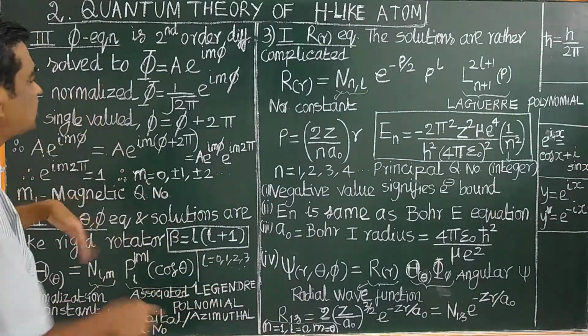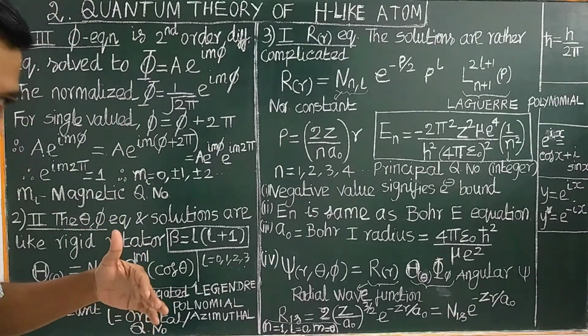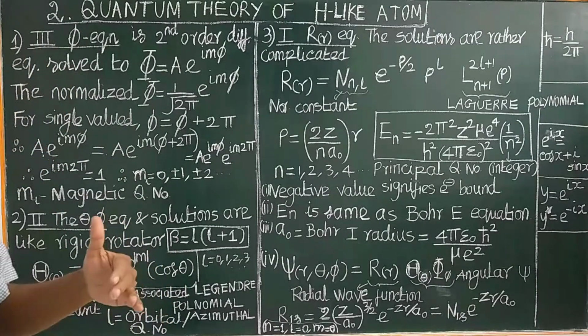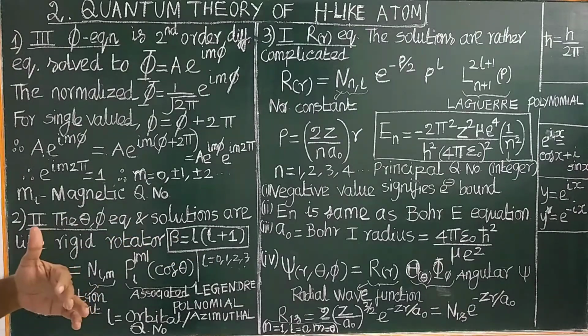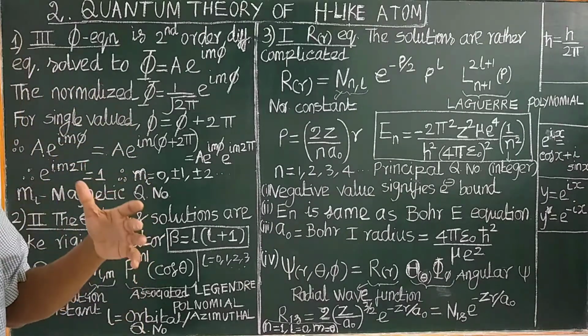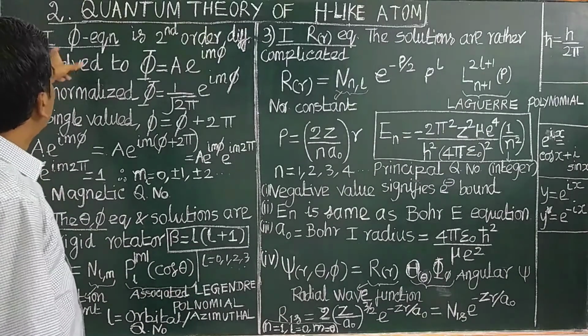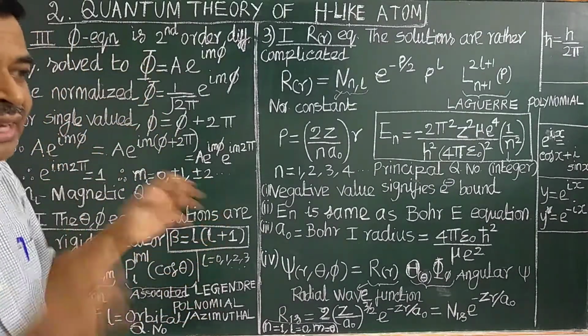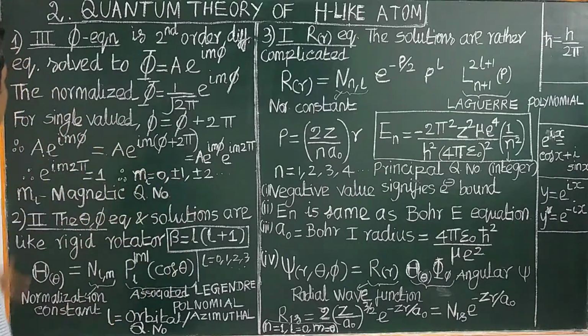So you can easily convert the Schrodinger wave equation in Cartesian coordinates into spherical polar coordinates. The Schrodinger wave equation in spherical polar coordinates can be readily solved to give three independent equations. Each depends on only one variable. Remember, each depends on only one variable.